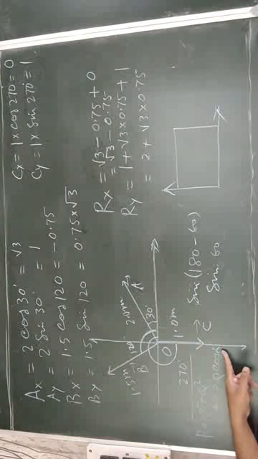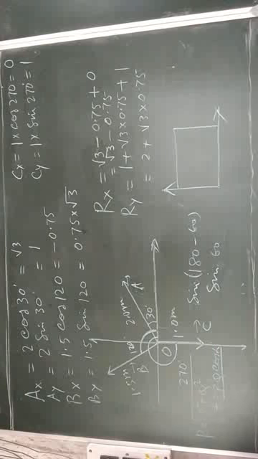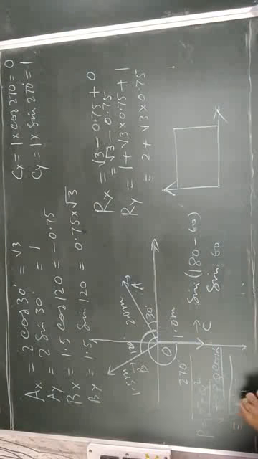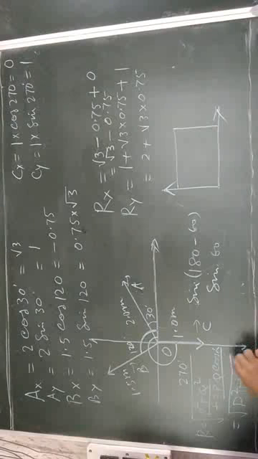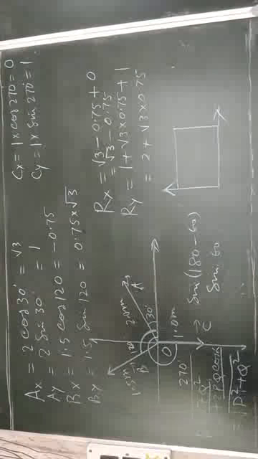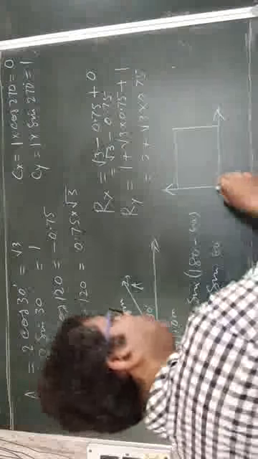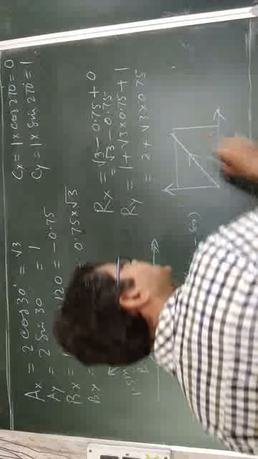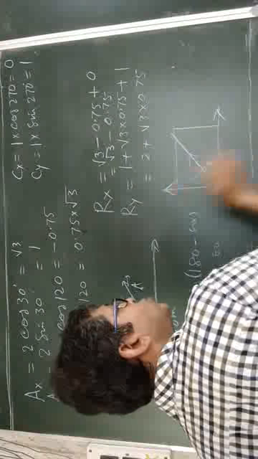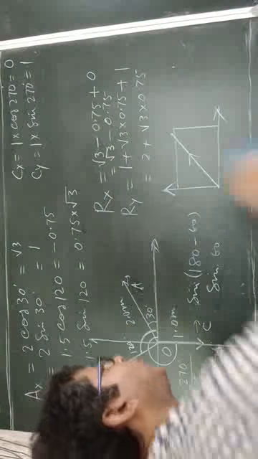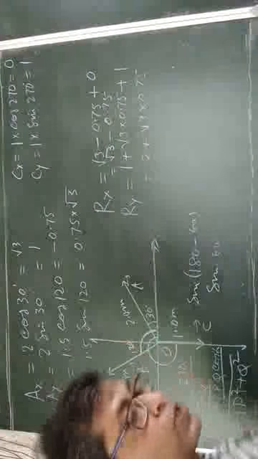When alpha is 90 degree, this turns to 0. So the resultant becomes under root P square plus Q square. So in this case, we have to make the resultant when these two components are like this. So you have to just follow the third option.